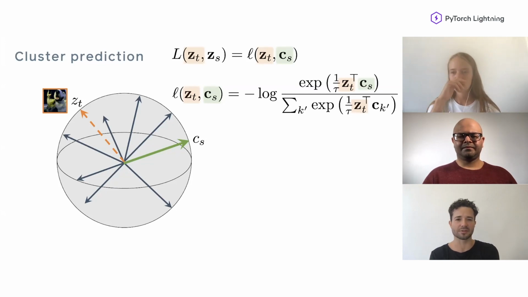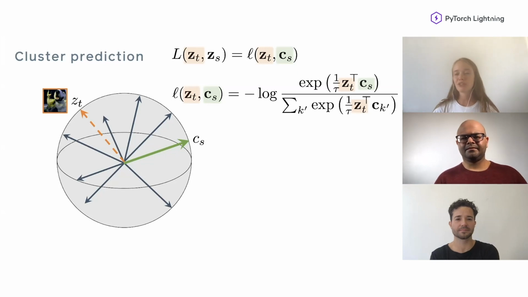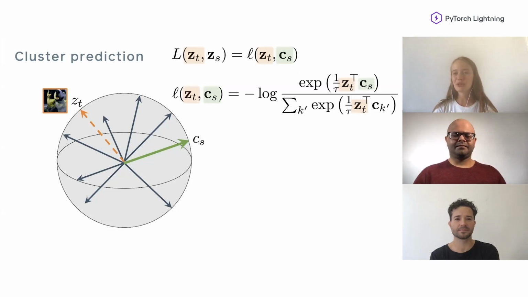How do you set the number of clusters? We basically try different numbers of clusters and pick the best one. What worked best for ImageNet was 3,000 clusters. We have an ablation in the paper for the number of clusters, and I found that it was not very sensitive to this parameter.